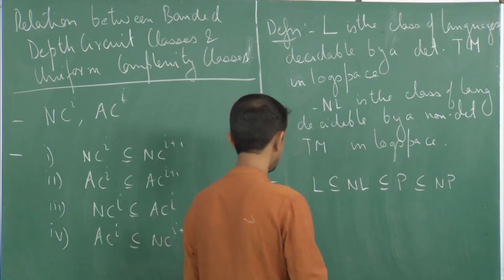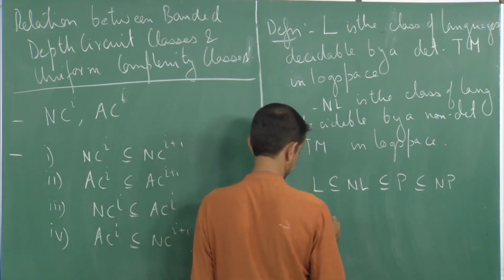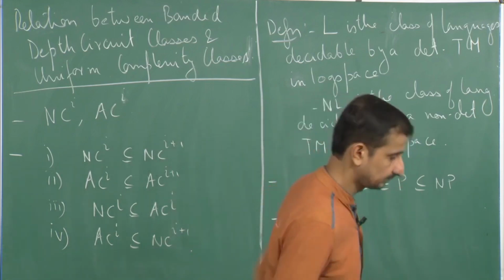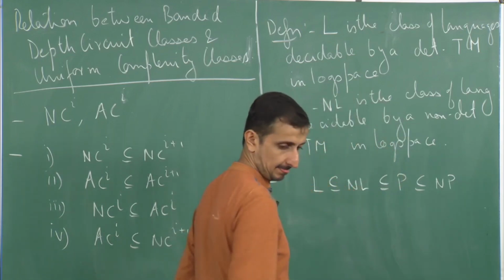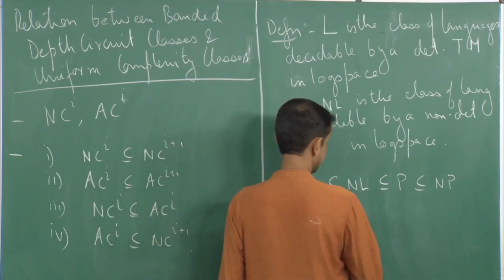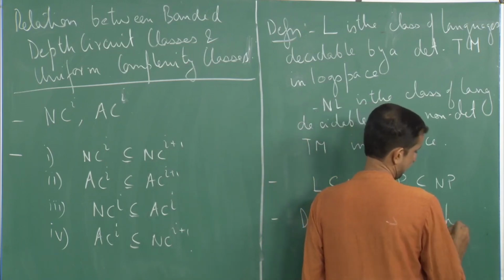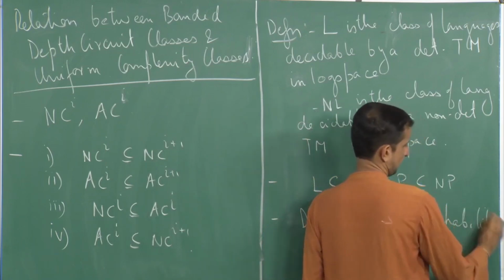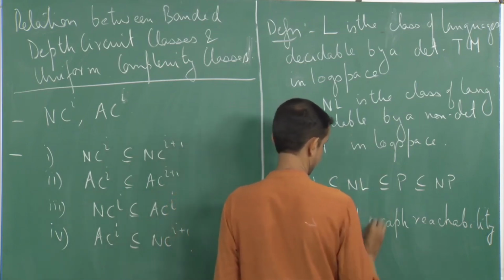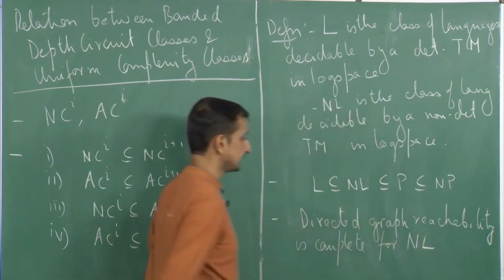Okay. And one more result that we will be using, again a well known result, is that directed graph reachability is complete for the class NL.